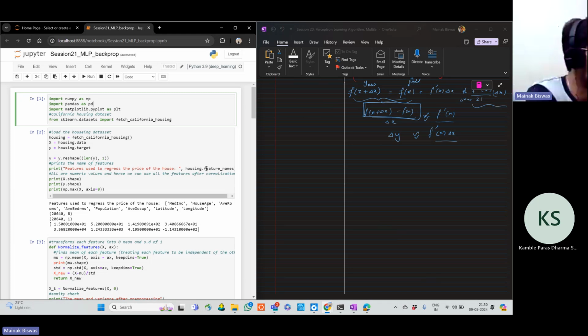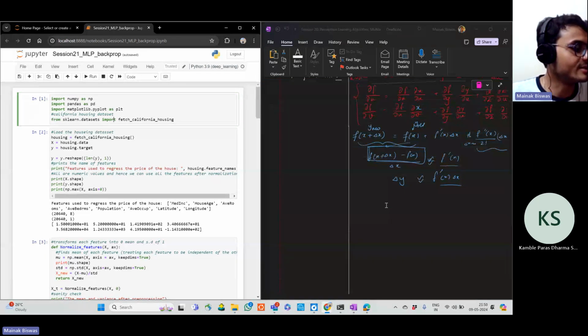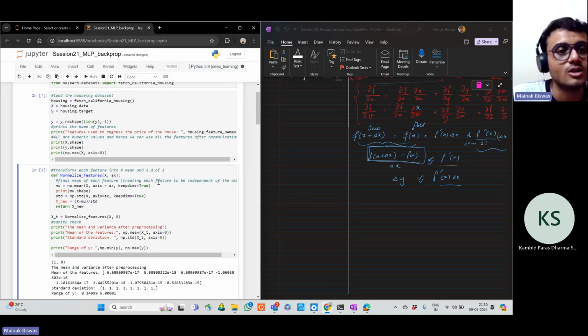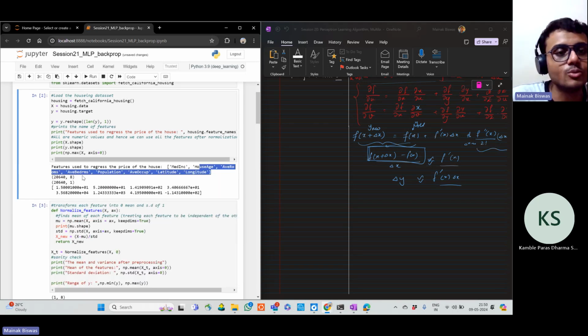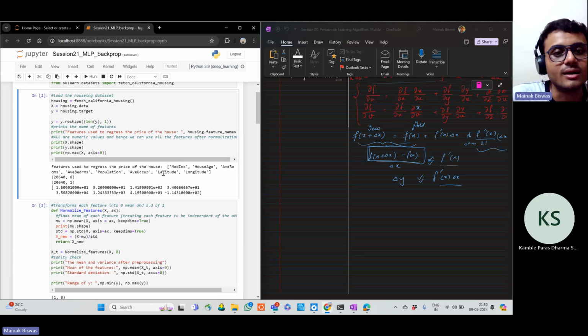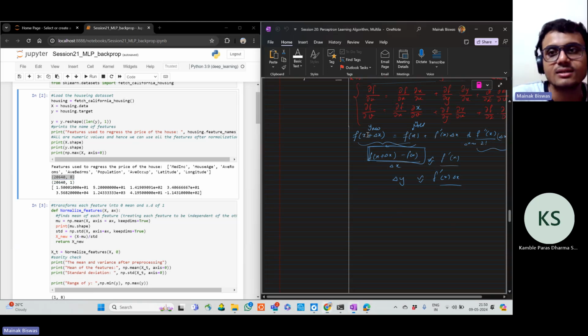People in California try to predict the house prices, and the data set is pretty clean. So I import these data sets, I load the data. What features do they have? They have median income, house age, number of rooms, number of bedrooms, population in the area, latitude and longitude. There are some 8 features that this housing data set has.